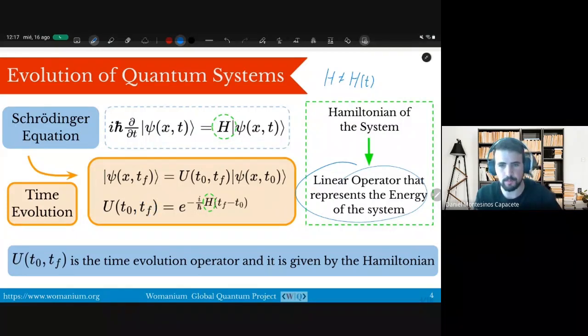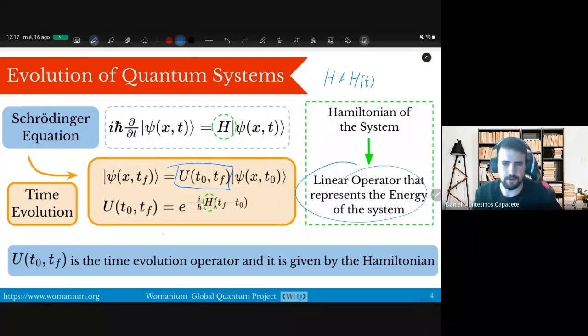The evolution for the state from the initial state to get to the final time is given by this operator. So if we have here the state at the final time, and here the state at the initial time, the relationship between these two states is the evolution operator, and it's given by this equation. And this is taken out of the Schrodinger equation, right?